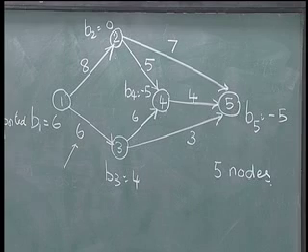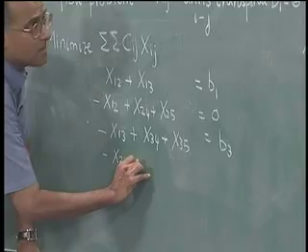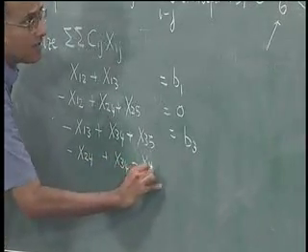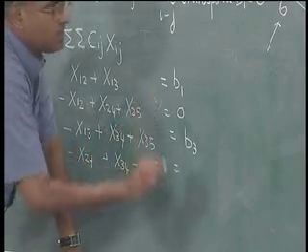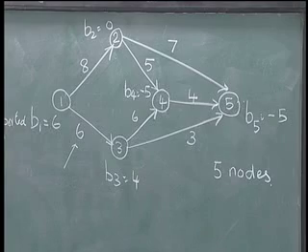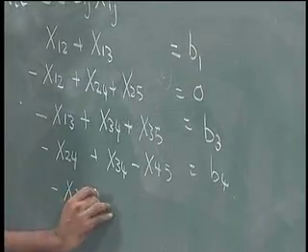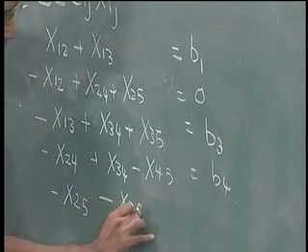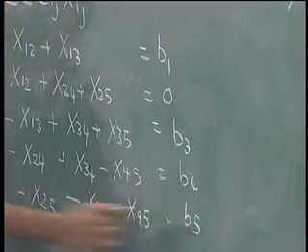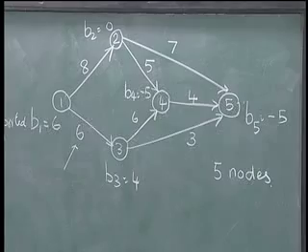As far as 4 is concerned, minus x24 plus x34 minus x45 is equal to B4 or minus 5 as the case may be. And for node 5, minus x25 minus x35 minus x45 is equal to B5 or minus 5 as the case may be.